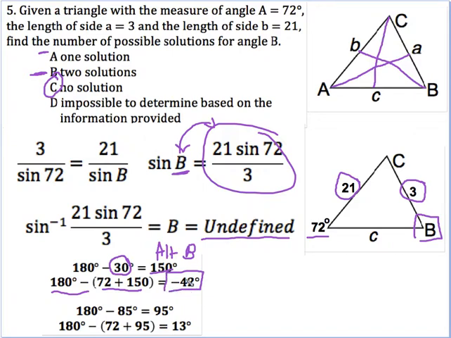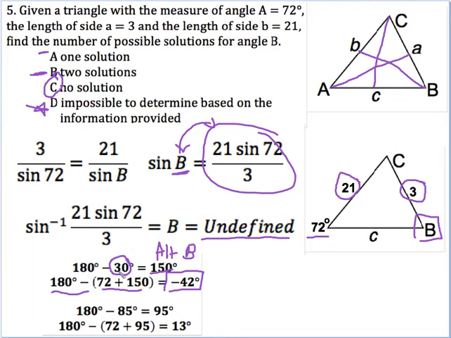Okay? So notice I'm getting a negative angle, so that means that if my answer was 30, now in this case it wasn't, it was undefined, but remember you're going to have 4 different versions of the test. You might have one of the versions where you'll only have one right answer, you might have 2 right answers, or you might have no solution, or it may be impossible to determine. I will tell you, most of you can just pitch this option out.